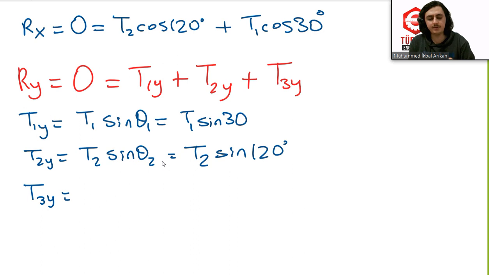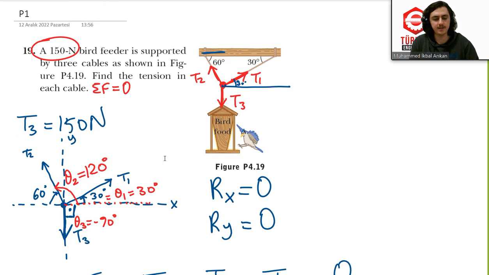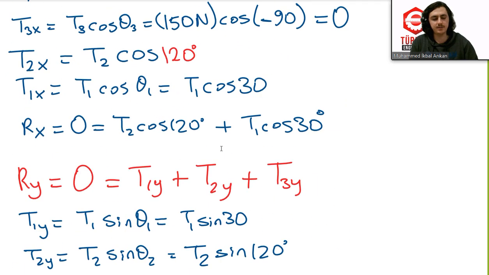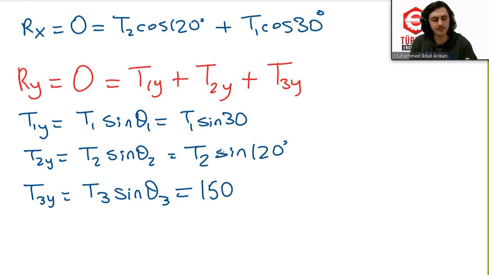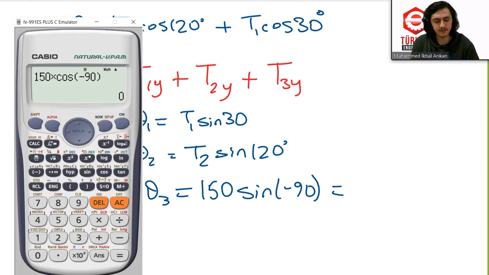And T3y will be equal to T3 sine theta 3. I know T3 because T3 is given, it's just the weight of the bird feeder, 150. So 150 multiplied by sine theta 3, and sine theta 3 is actually minus 90, so I will put here minus 90 to get the solution.